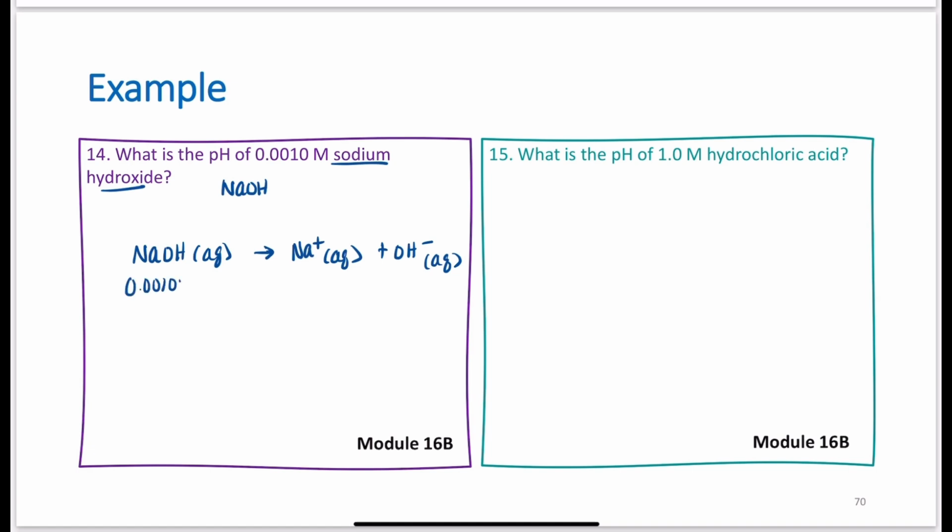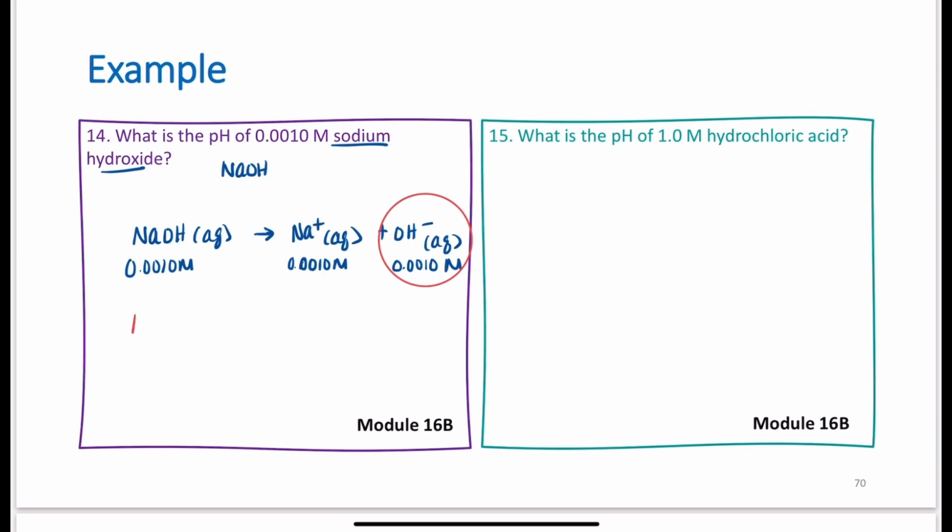Let's see, I have 0.0010 molar NaOH, which means I really have 0.0010 molar Na plus ions, which are spectators, and 0.0010 molar hydroxide ions, which are not spectators. This is what I care about. So again, you can calculate one of two ways. I'm going to go through pOH because I just find it to be faster for me. Negative log of hydroxide concentration. So negative log of 0.0010 is 3.00, 2 sig figs, so 2 decimal places.